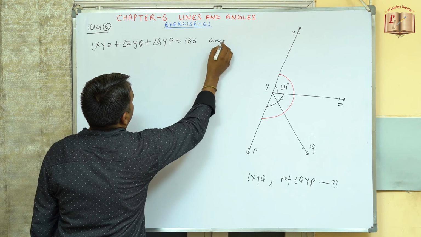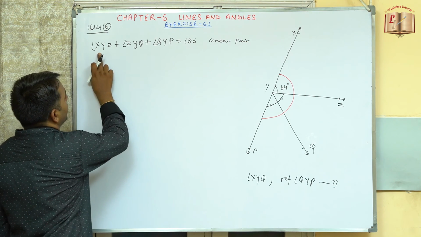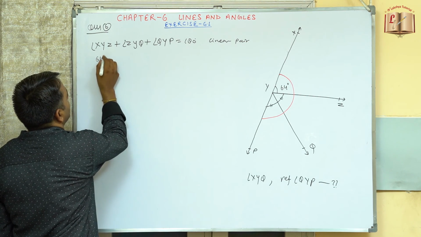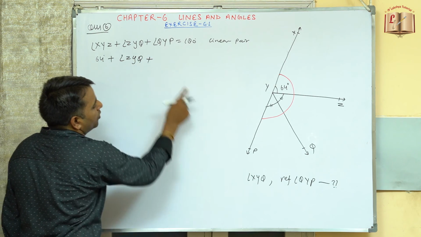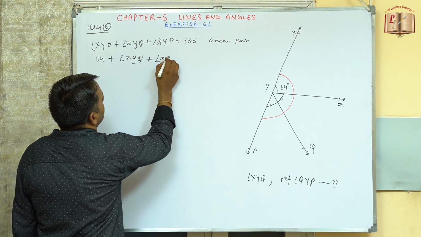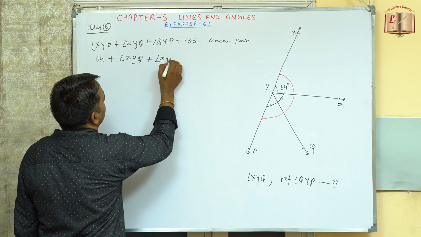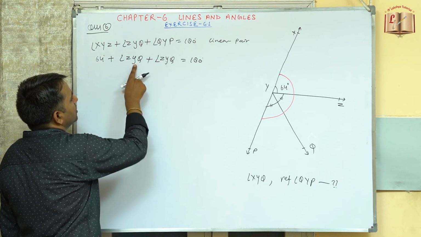This is linear pair. Angle XYZ is 64 degrees, plus angle ZYQ, plus angle QYP. QYP I can write as angle ZYQ because both are equal. This is equal to 180 degrees.